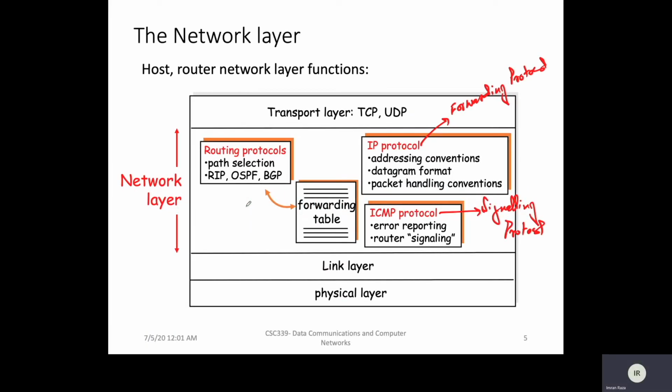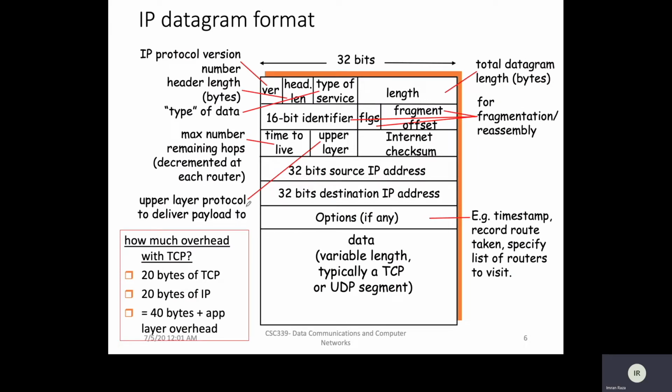So since we have established the fact that we need a forwarding protocol, that is Internet Protocol, to forward packets that may take different paths to reach the destination, it's important for us to look at the envelope of this forwarding protocol, which means let's look at the header of the IP datagram.